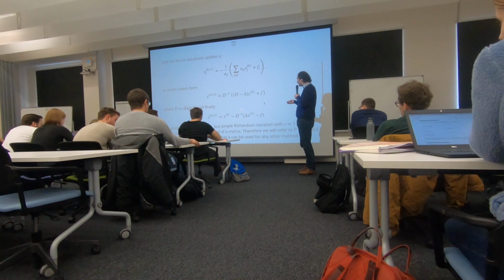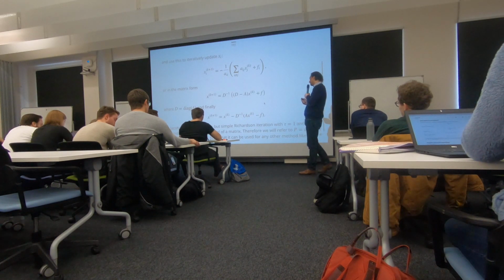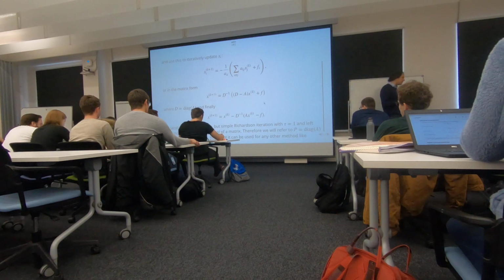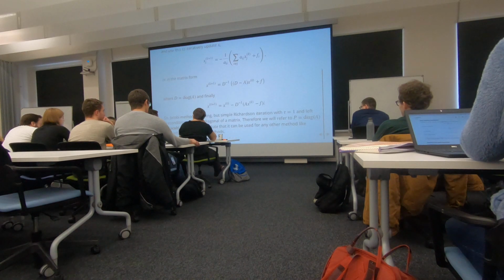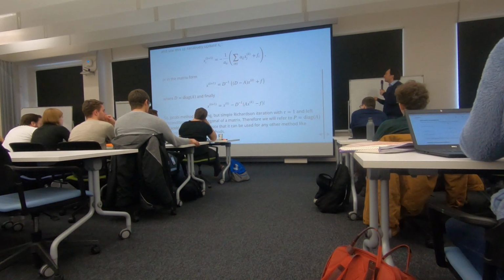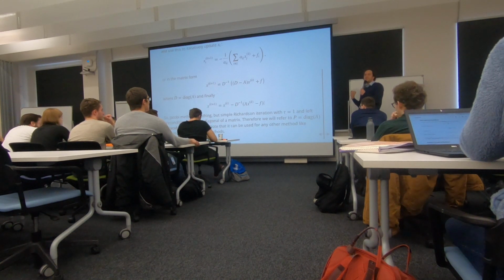So what we are doing here, we're applying Richardson iteration to the linear system D^{-1}Ax equals D^{-1}f. We can also interpret this as preconditioning. Instead of solving the original equation, we solve the linear system with a left preconditioner, and this preconditioner is a diagonal matrix.